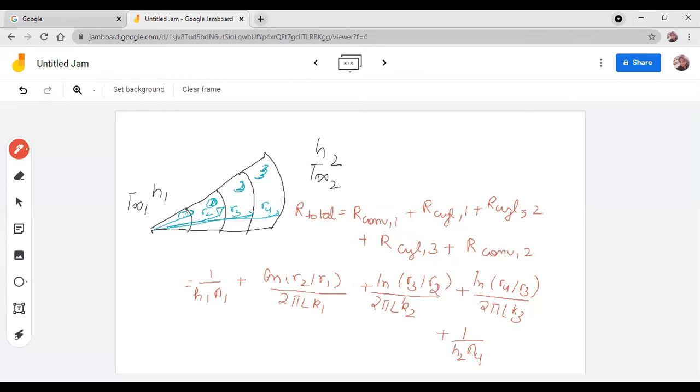Now you might be wondering, this is equivalent to a thermal resistance network in series. So let's look at another diagram of how it will look if we put it in diagrams. It will look something like this.